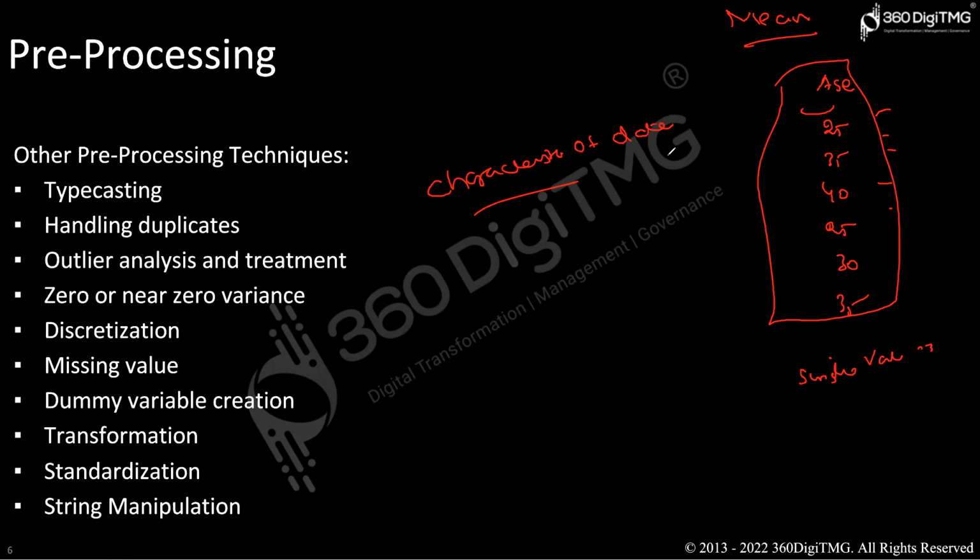The single value will represent the characteristic of my entire set of values. That is called average or mean. In school days, we may have studied average, but with respect to data science, we call it mean.